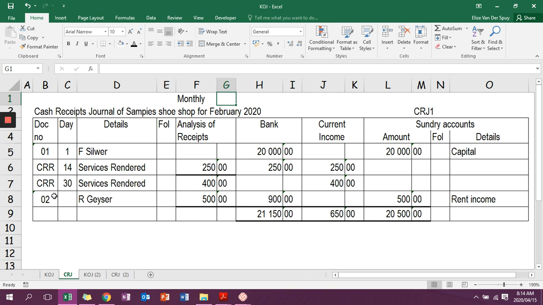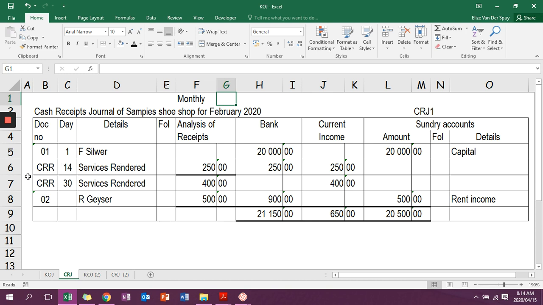Then we need to take a look at the type of business, and they will also tell you at the beginning in your activities. If a business has a cash till, then they will issue a cash receipt roll, so CRR. So if the business has a till, you will have CRR if you have services rendered.